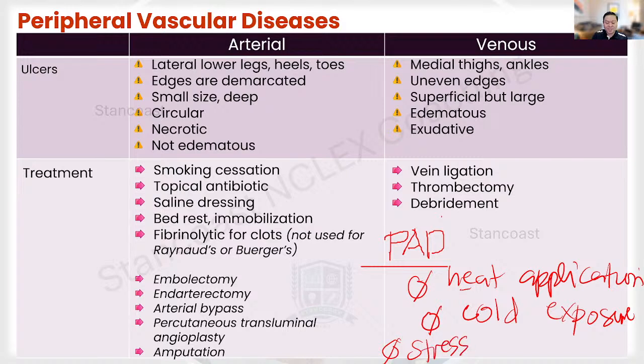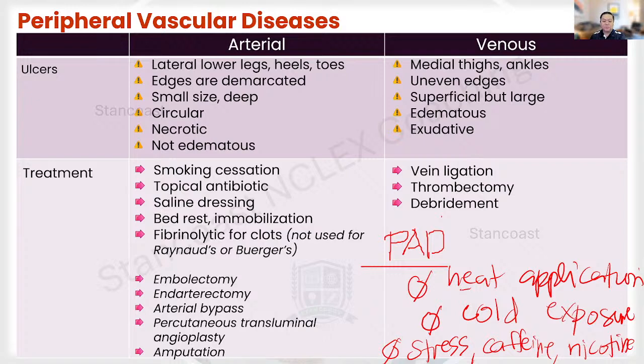Avoid stress. Avoid caffeine. Avoid nicotine, cigarette smoke. These are known vasoconstrictors. I'm telling you, no heat application to the lower extremities in PAD, no cold exposure, no stress, avoid caffeine, avoid nicotine, because these are known to be vasoconstrictors.